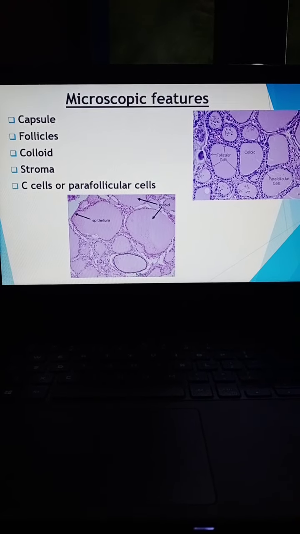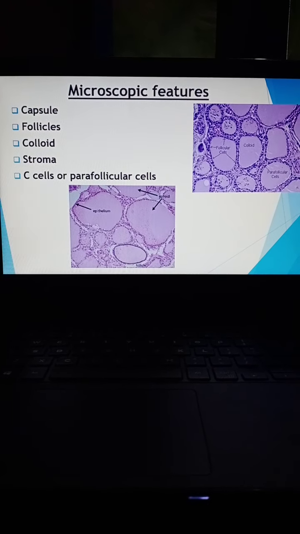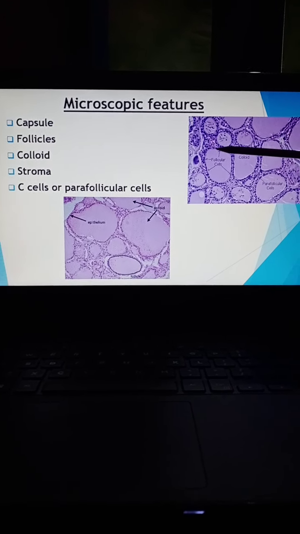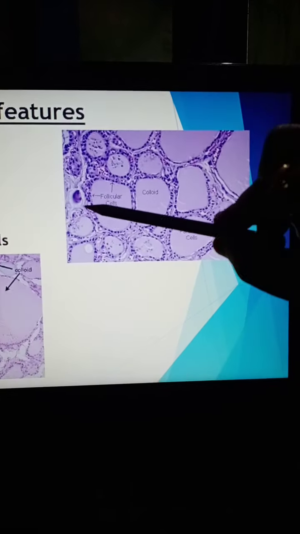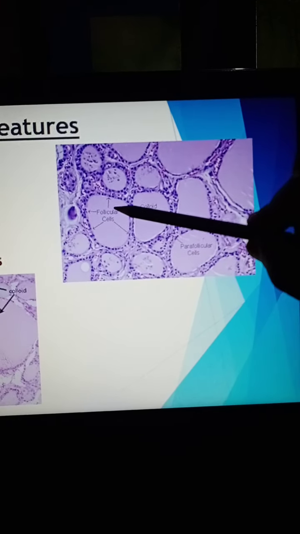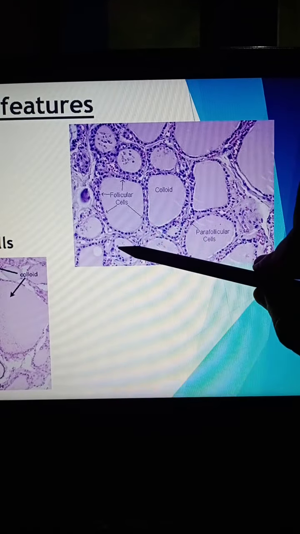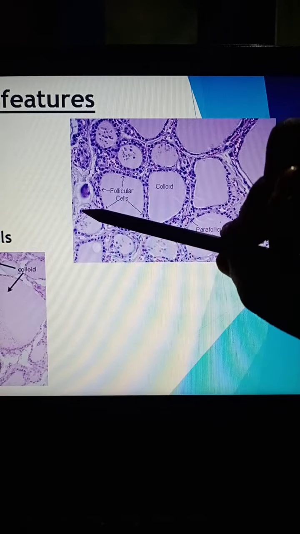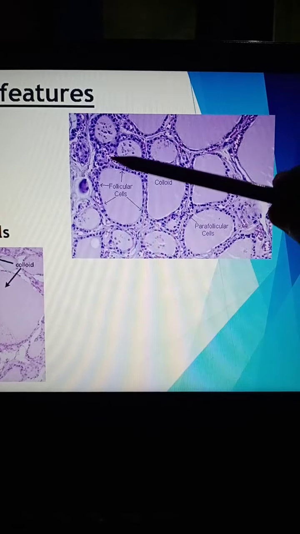On microscopic examination, each lobule is seen to be made up of aggregation of follicles. This you can see, this is a single follicle, second, third, fourth, fifth, sixth. All these are follicles.